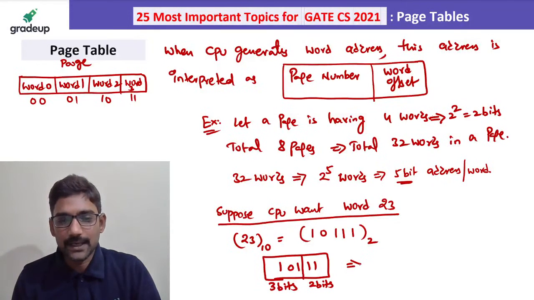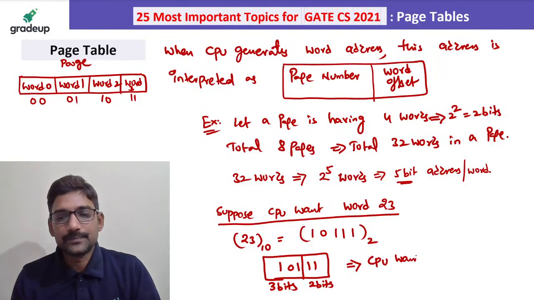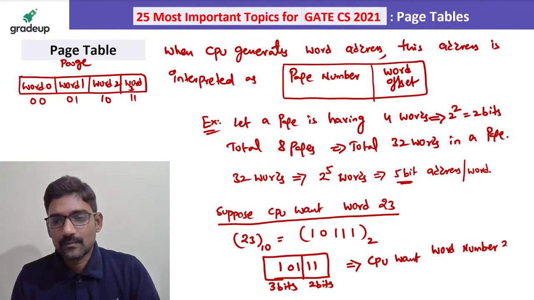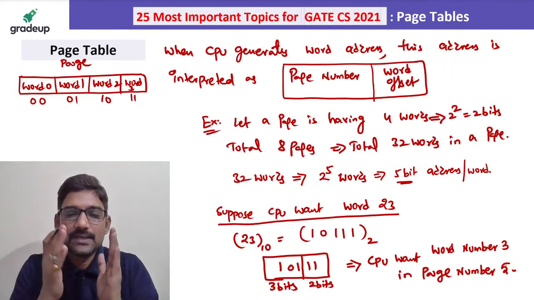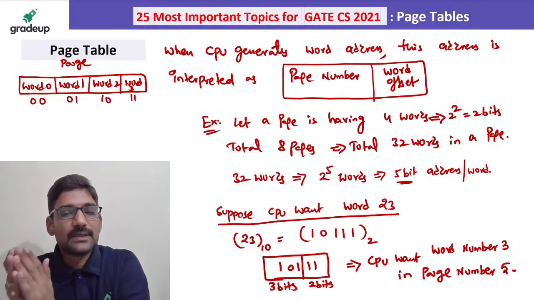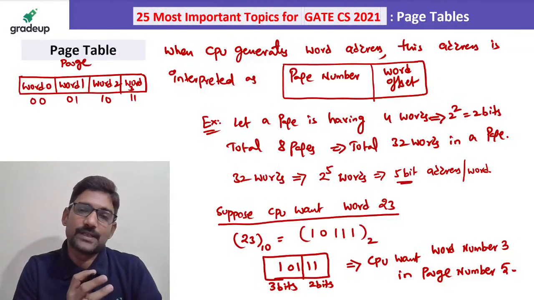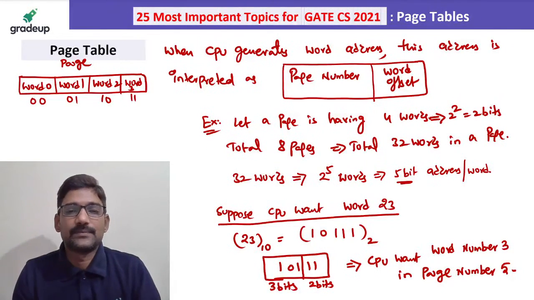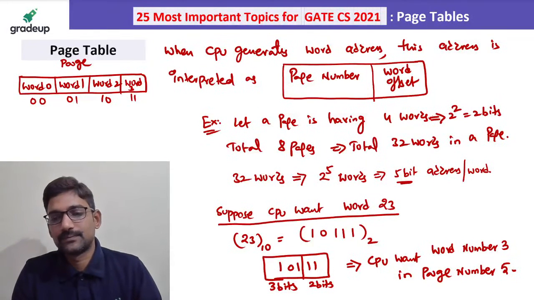So it indicates CPU wants word number 3 in page number 5. In page number 5, word number 3, CPU is requesting. That is what the meaning is. That is how it is understood.